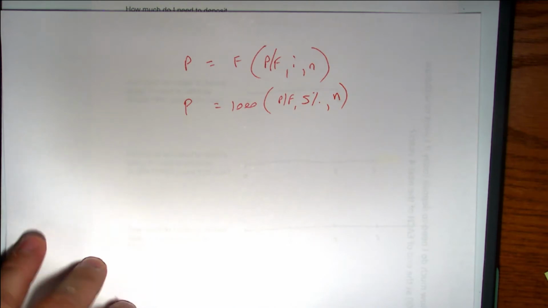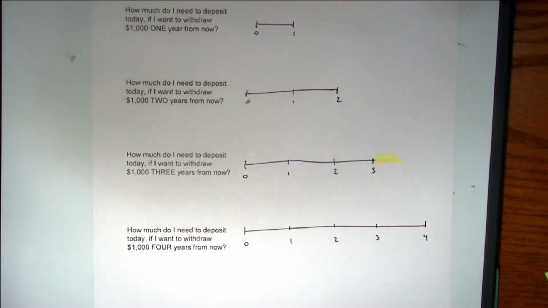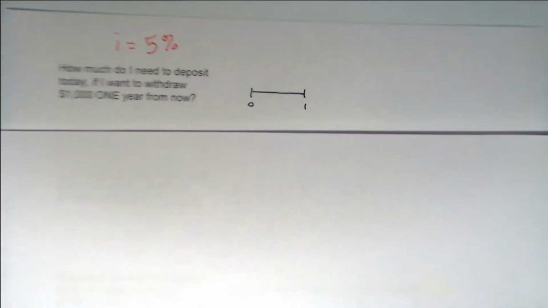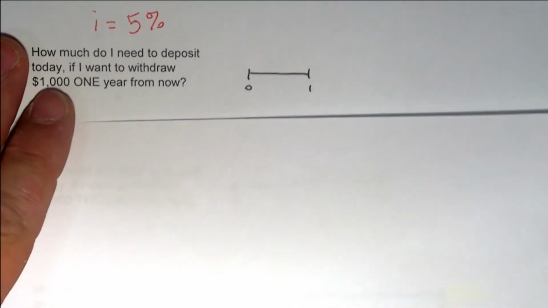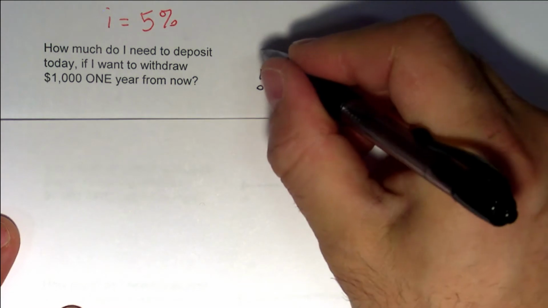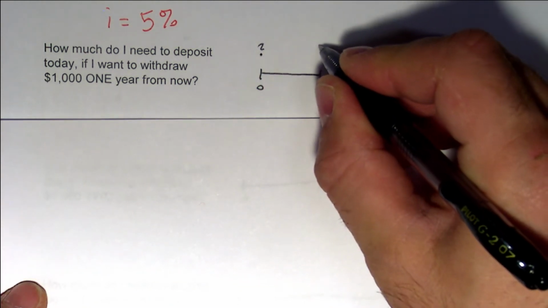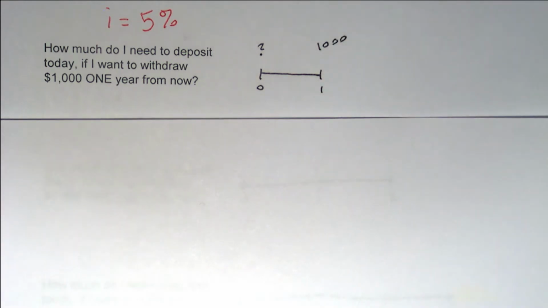Let's take a look at the first group first. Let me zoom in there, and if I start writing and it's not on there, tell me. How much do I need to deposit today if I want to withdraw $1,000 in 1 year?